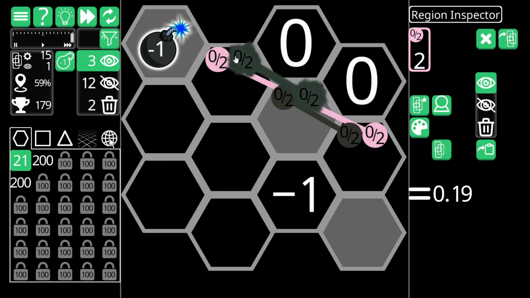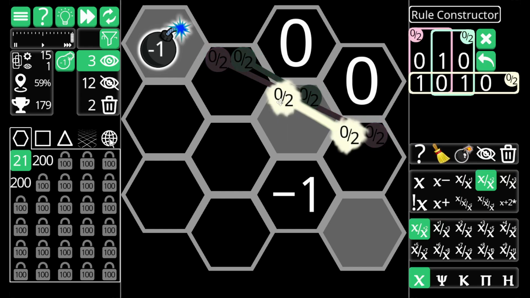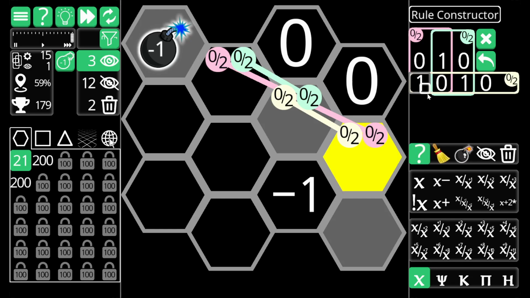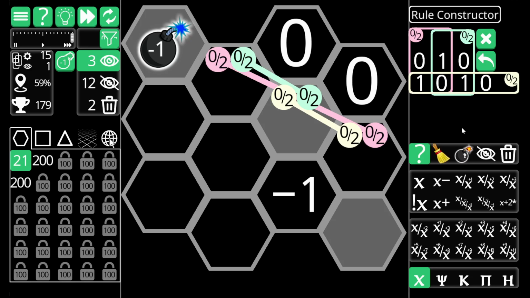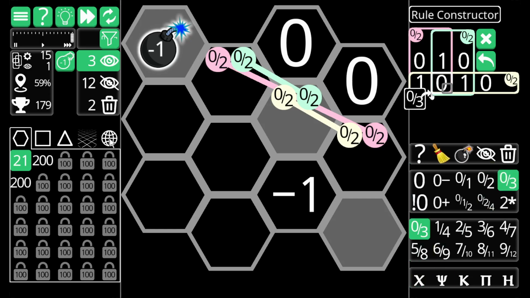So one thing we could do, I don't think it's especially useful here, but we could mark this as a 0 or 3 region. And I mean, why not?